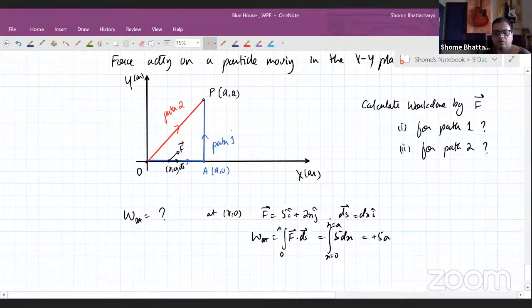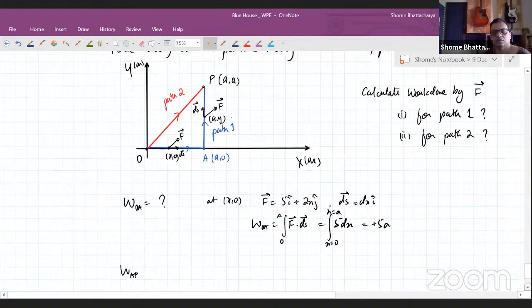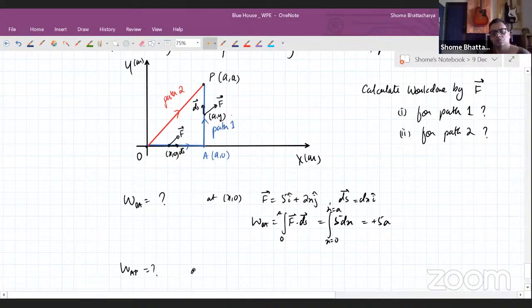Yeah, I've not got correct answers for the second part yet, so I'll work it out and show you. Okay. Now for the work done from A to P, you can see that you are at a general point like this, which is at A comma y. Your displacement is like this, and your force is like this. So at a general point whose x coordinate is A but y coordinate is variable, the force has a constant x component as well as a constant y component.